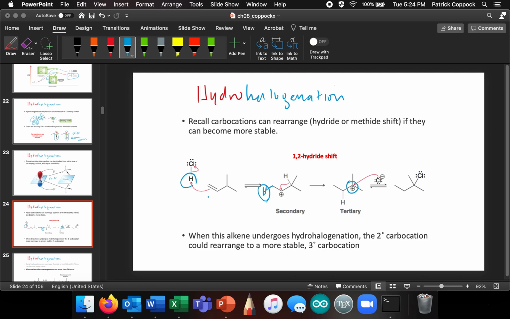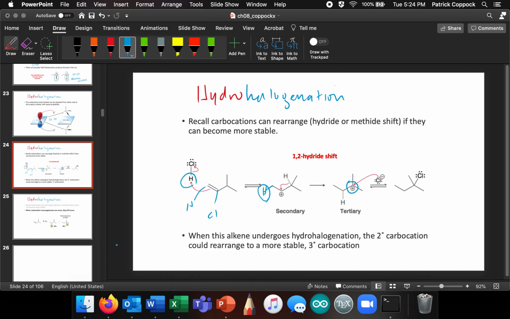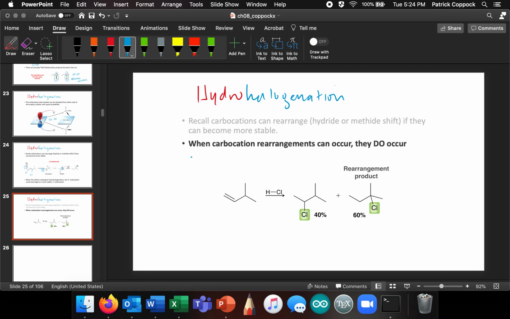So you have to be careful. You can't just put the hydrogen here and the chlorine here, because when a rearrangement can occur, it will. When carbocation rearrangements can occur, they do. It's not going to be 100%, but you are going to get a significant portion that are rearranged.